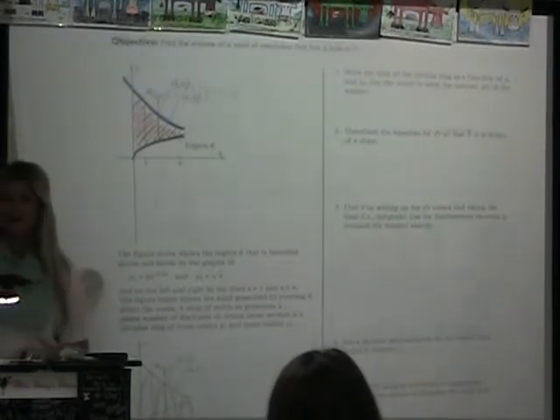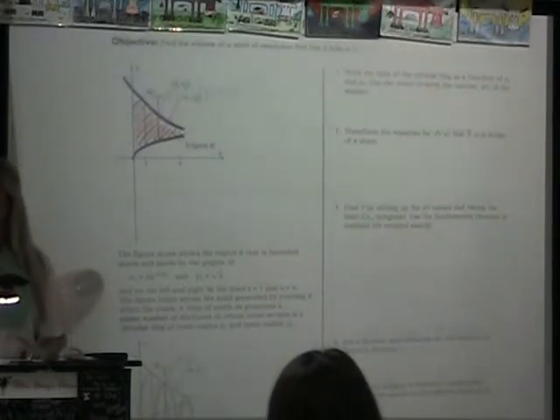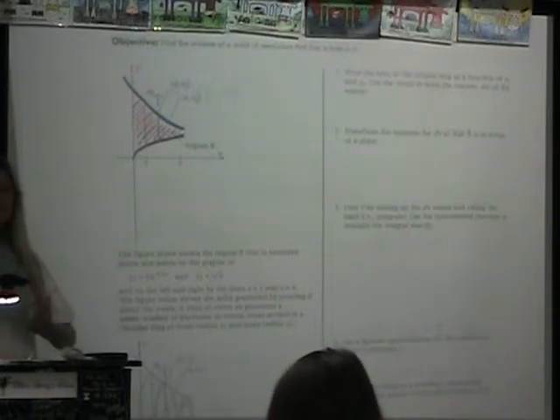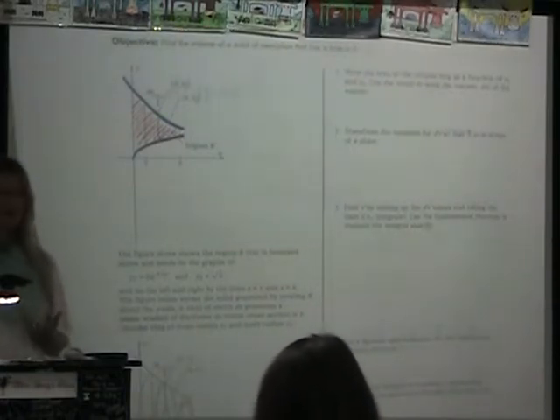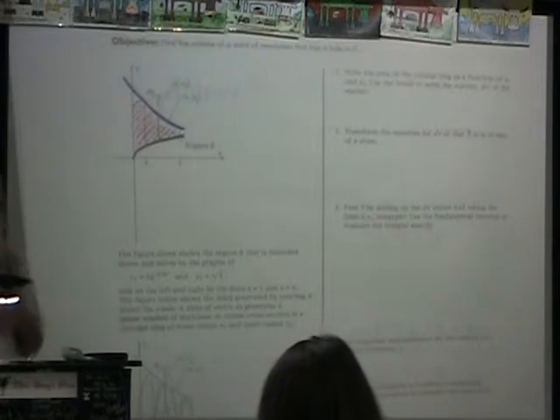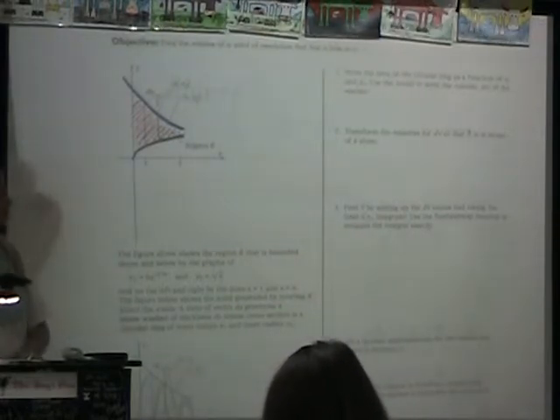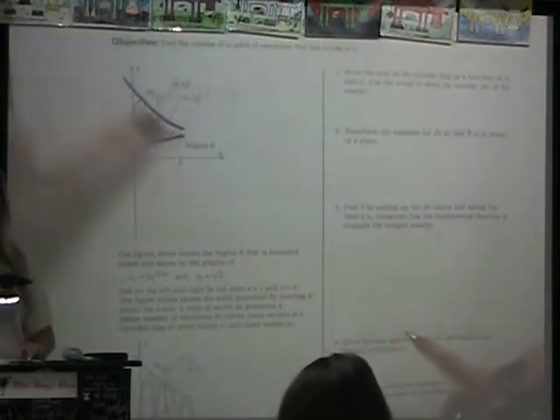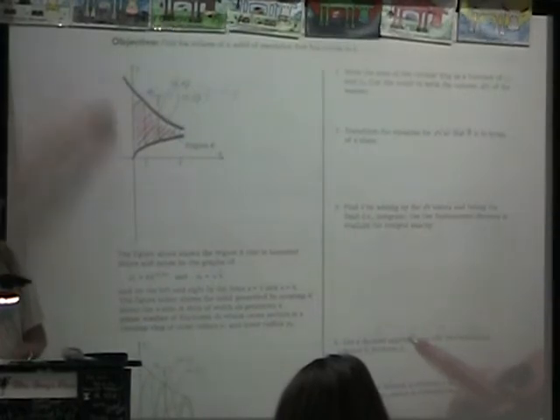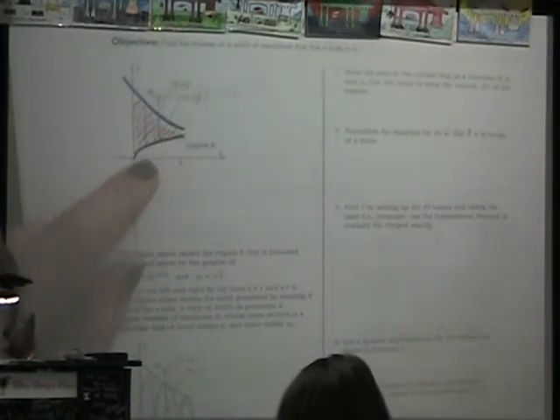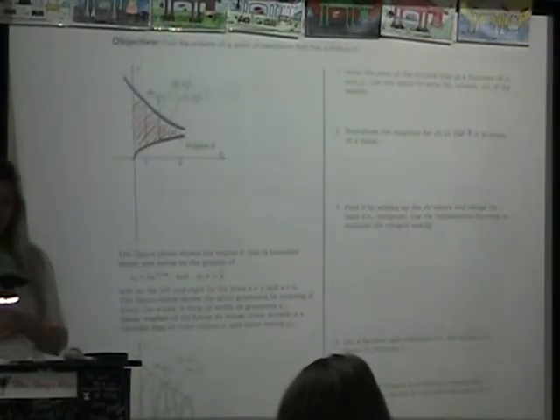Y sub 1 is an exponential decay function. May not be able to pick that out as easily as the square root function, but I think looking at the two functions, you can certainly identify that the top function is your y sub 1, the bottom function is y sub 2, just knowing the parent graph for square root of x.